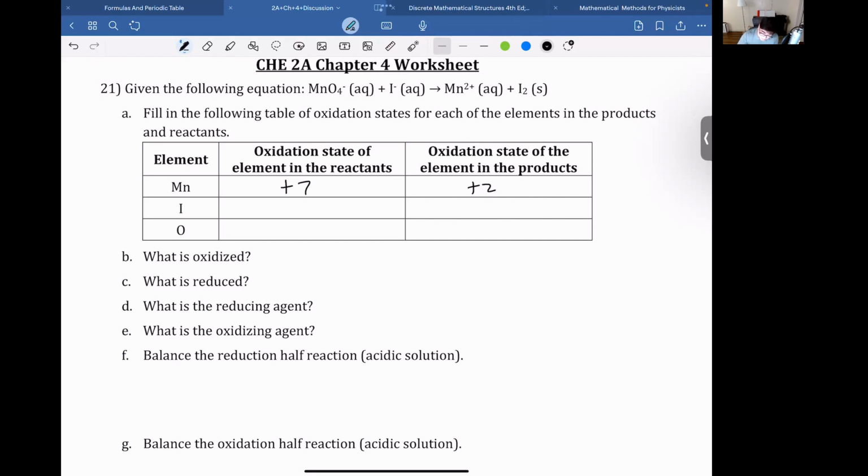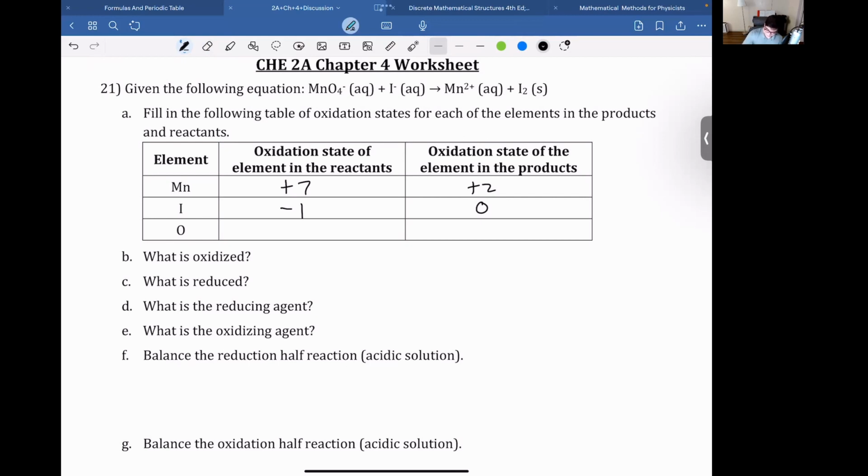Then we have I. So I goes from a -1, as you can clearly see, and then it goes to 0. When it's diatomic, you assume it's 0. They're equally sharing. And then O. O goes from what we assume is a 2 minus, and it disappears. What the heck?